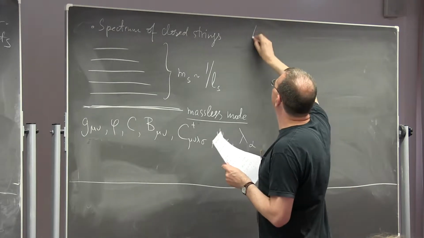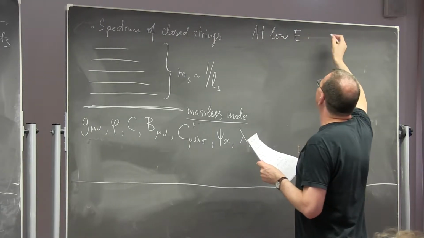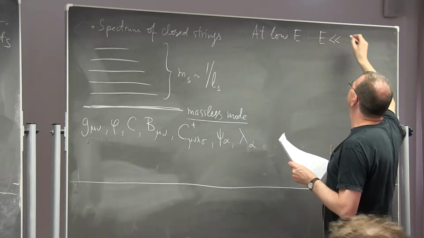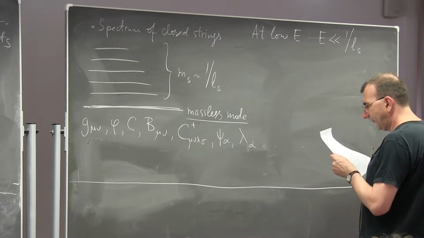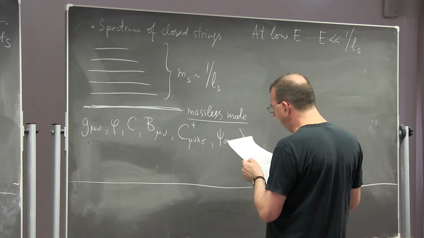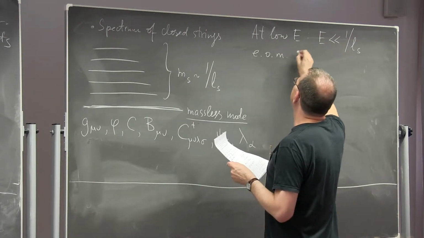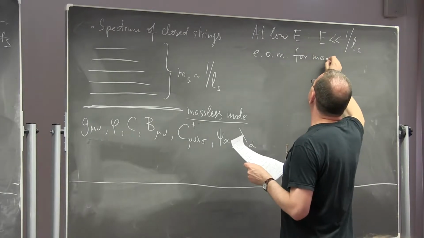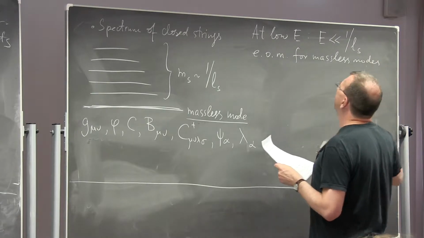At low energies, and low energy always means that energy is much less than the scale set by 1 over Ls, equations of motion can be derived for massless modes.